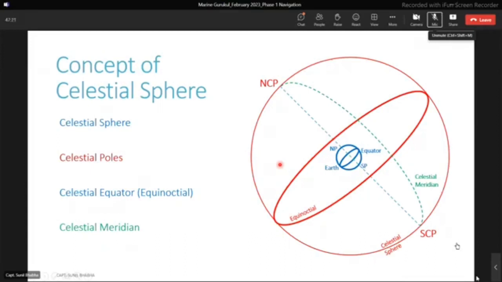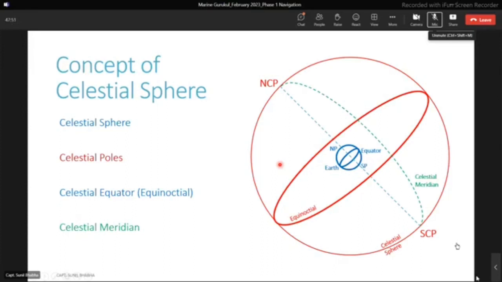Now, a second reference is also used in terms of specifying the meridian of the body. The second reference is used with respect to a particular position on the celestial sphere, which is known as the first point of Aries. Later on I will discuss with you the concept of ecliptic.